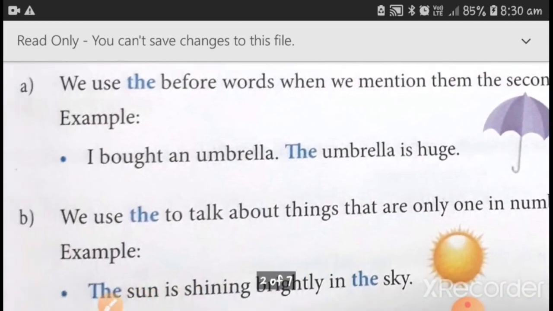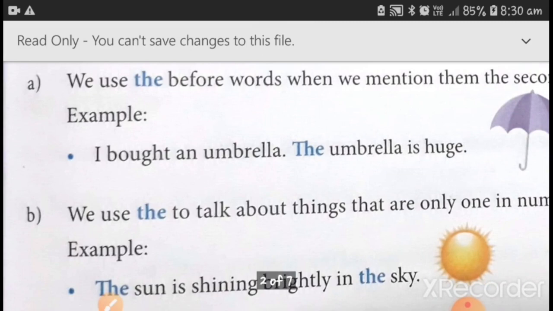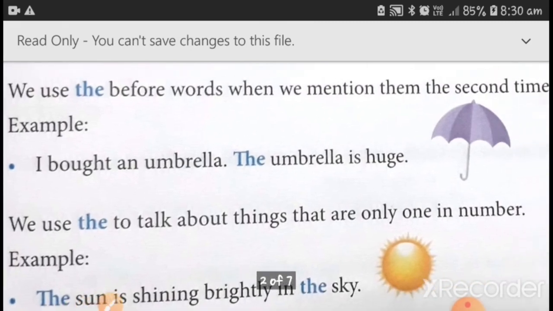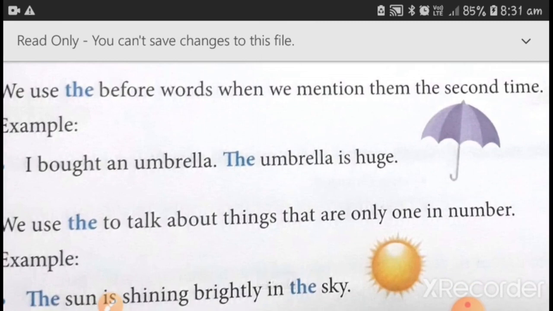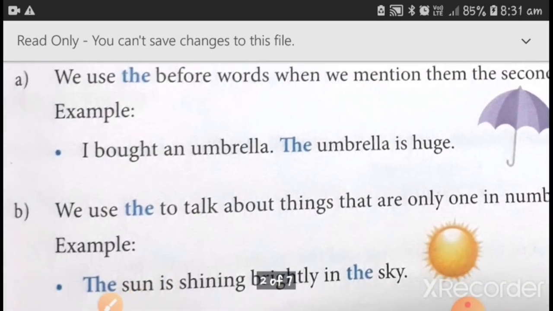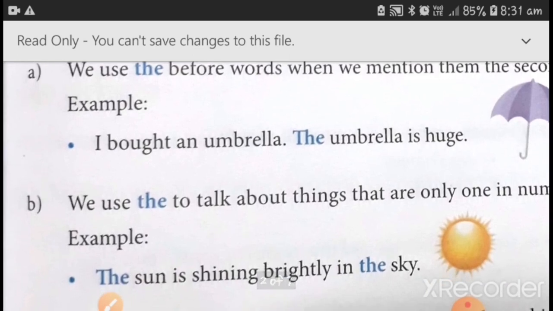We have already seen this in the first exercise itself. In that conversation we have seen that if we are mentioning the same word or noun again, we have to use the article before it. You can see in this example: I bought an umbrella. The umbrella is used.